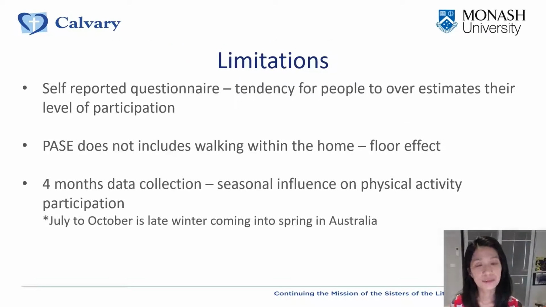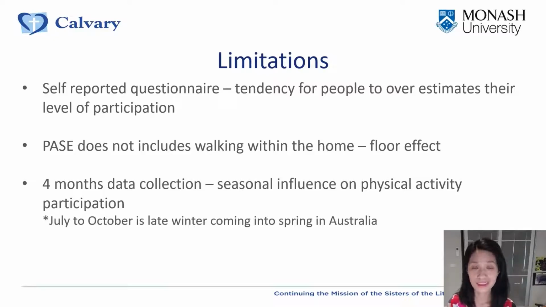Now, there's a couple of limitations with the PASE that I just want to highlight. First of all, it's a self-reported questionnaire, and as with all self-reported questionnaires, there's a tendency for people to overestimate their level of participation. In fact, the study by Matri et al. 2018 that we spoke about earlier, looking at people with early Parkinson's versus healthy controls, found that some of their participants were reporting more than 24 hours worth of activities in a day.